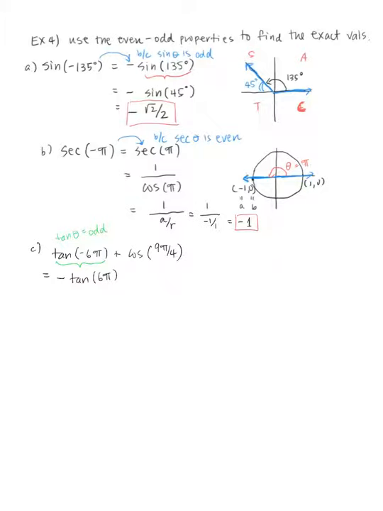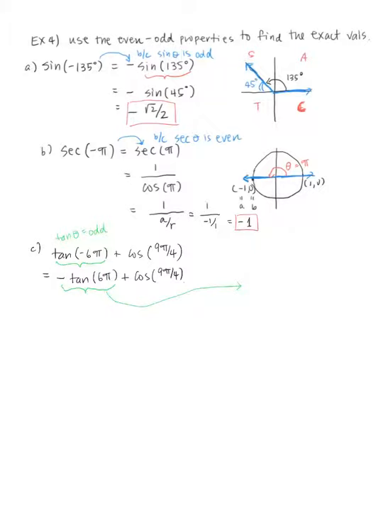Okay, and then plus cosine of 9 pi over 4 doesn't change, so let me just keep it as cosine of 9 pi over 4. Okay, so let's compute this separately. Let's work out what the value of tangent of 6 pi is going to be as side work. So I'm just going to bring it over here.